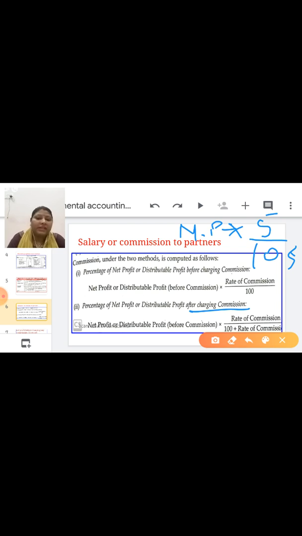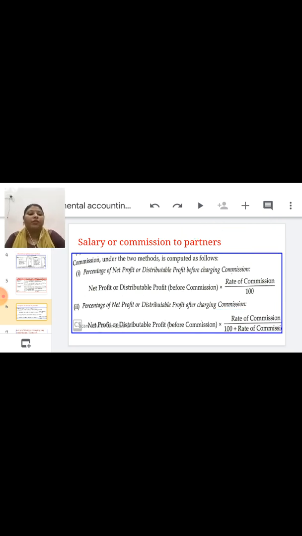If the percentage is 10%, then 10 upon 110. If the percentage is 20, then 20 upon 120. This is for after charging. And what about before charging? Before charging, you calculate the same way: 5%, 5 upon 100; 10%, 10 upon 100; 20%, 20 upon 100. In this way, you have to calculate the commission.